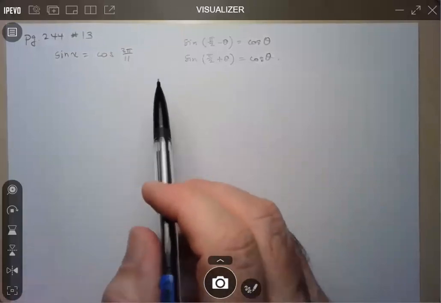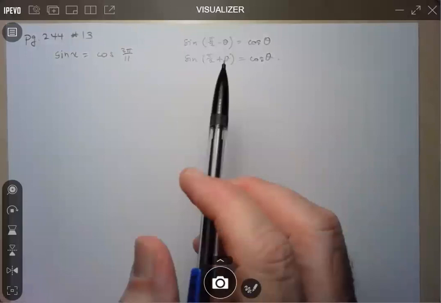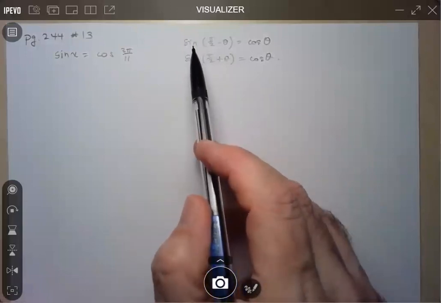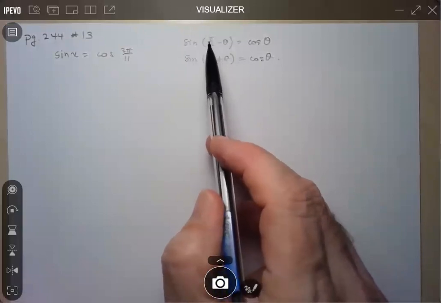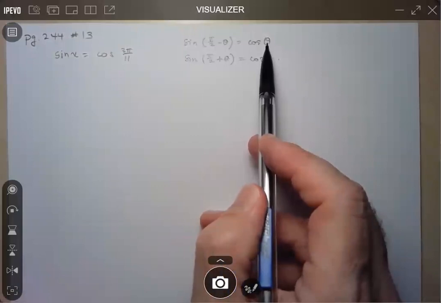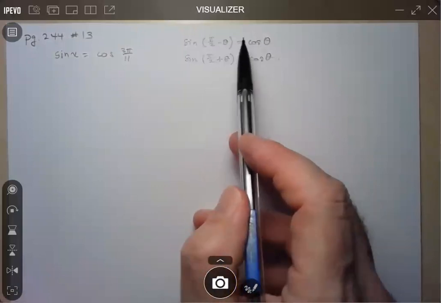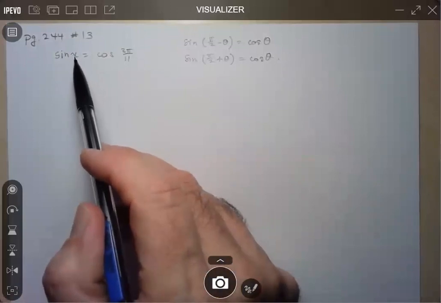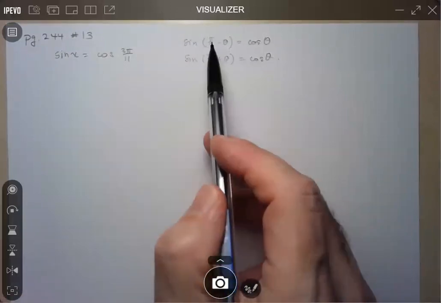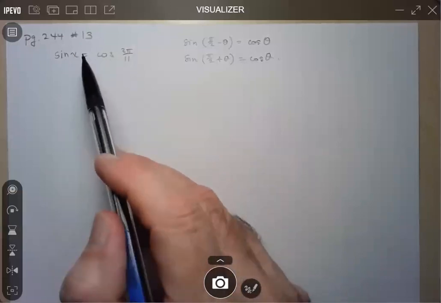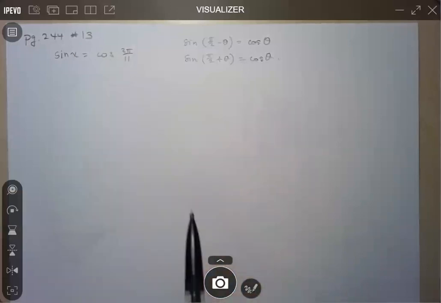Now let's keep in mind what these identities tell you. This identity tells me that if I have a sine expression and the input is pi over 2 minus the input to the cos expression, then these things are guaranteed to be equal. So if the input to sine is pi over 2 minus the input to cosine, that solves the equation because both sides are guaranteed to be equal.